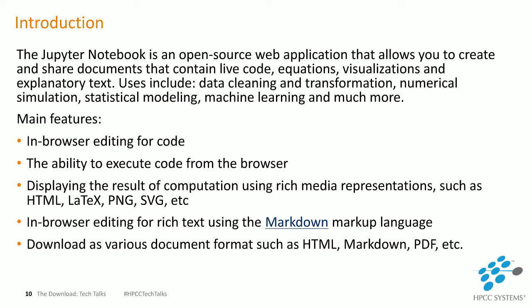The main features of Jupyter Notebook include in-browser editing for code and the ability to execute code from the browser, and display the result of a computation using rich media presentation such as HTML, LaTeX, PNG, and SVG. It also has in-browser editing for rich text using the Markdown markup language, and you can download it in various formats such as HTML, Markdown, and PDF to finalize your report.